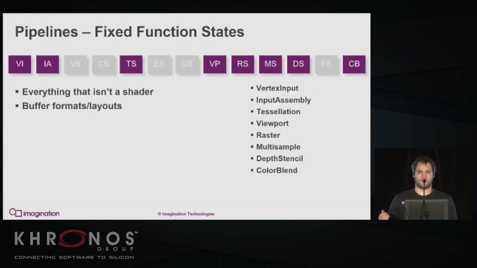They may actually be implemented as part of the shader, which means in OpenGL, where you can enable or disable these states completely independently of changing the shader or the program, the implementation can't actually compile the pipeline at the point in time you asked it. It's got to wait until draw time before it sees the full amount of state available to it before it compiles that pipeline, which leads to awful hitching, unpredictability.